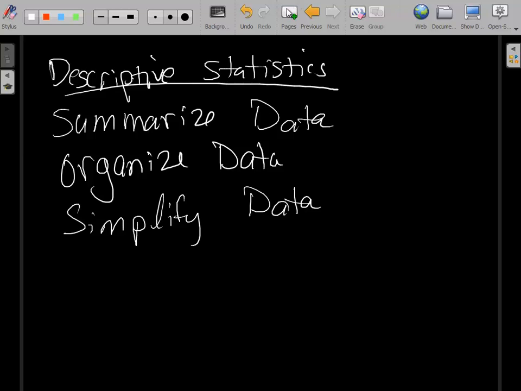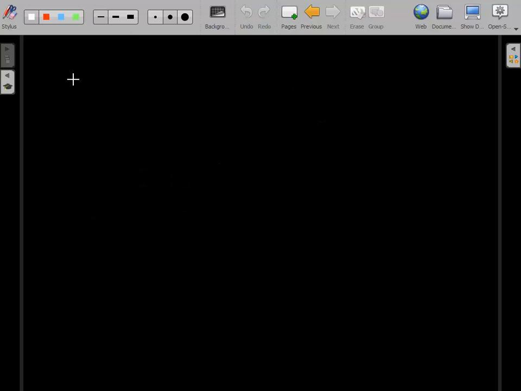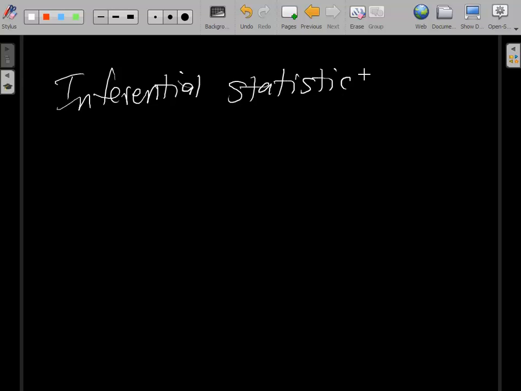Okay. The other category of statistical tools would be inferential statistics. Okay, and now inferential statistics are used to draw an inference about the population, but to take something from the sample.